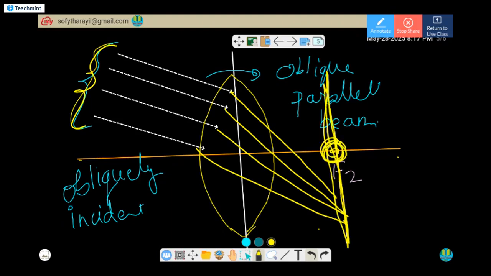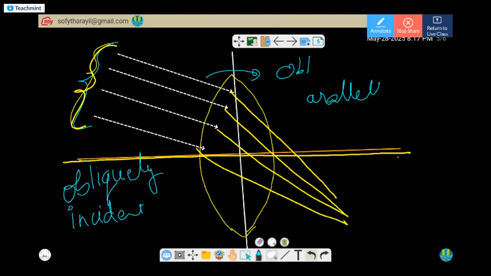They're not going to meet on that principal axis where we have pointed as F2. But yes, they will all meet at a common point, and if you try to draw a straight line, that line must be going through the F2, but not exactly on F2 they will meet.